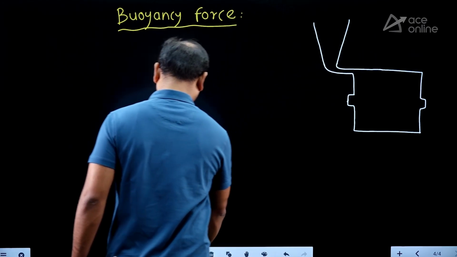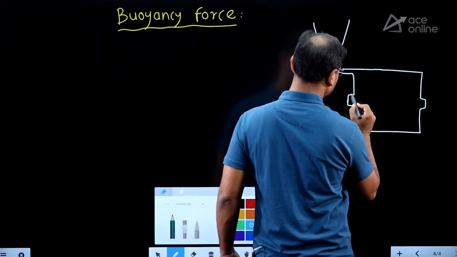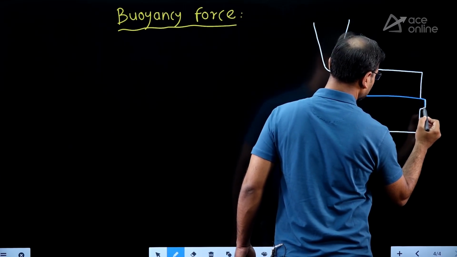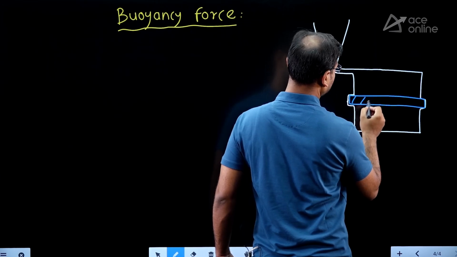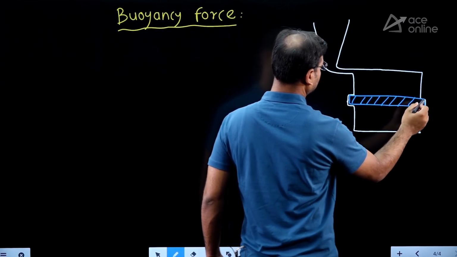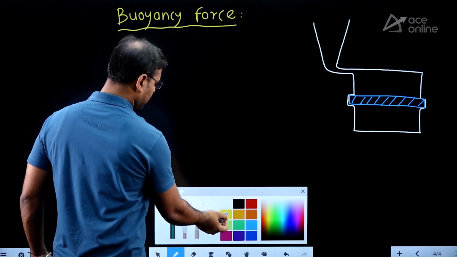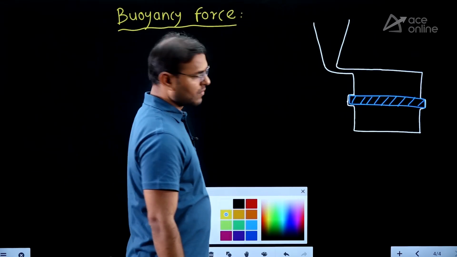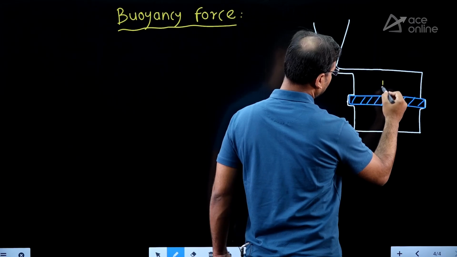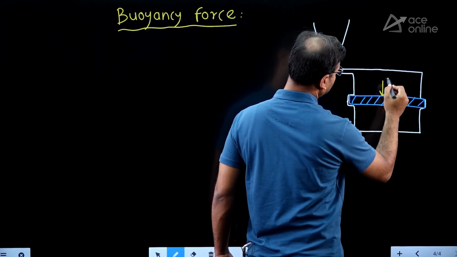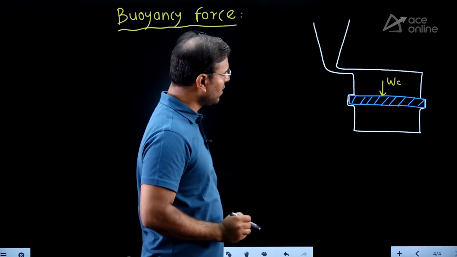Yes, guys, here we are going to fit a core. Now listen carefully. This core has some weight, and that weight always acts in the downward direction. I am writing WC, that is the weight of core.